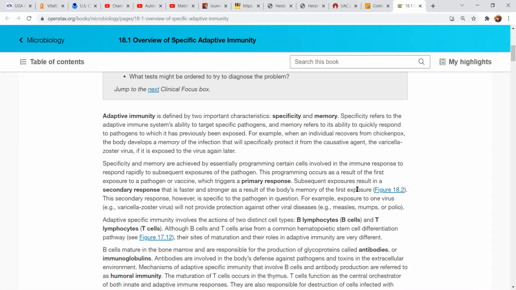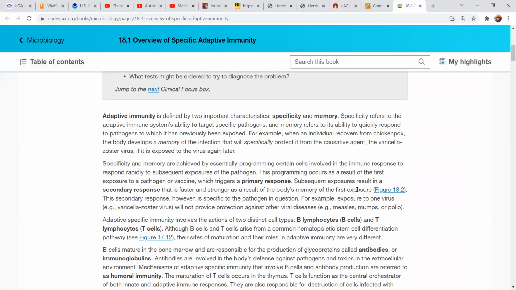And memory is the fact that we have cells of the immune system that remember our previous exposures and then can adapt and respond very, very quickly to those. So specificity and memory are achieved by being able to program immune cells to respond rapidly to a subsequent infection of the same or very similar pathogen.